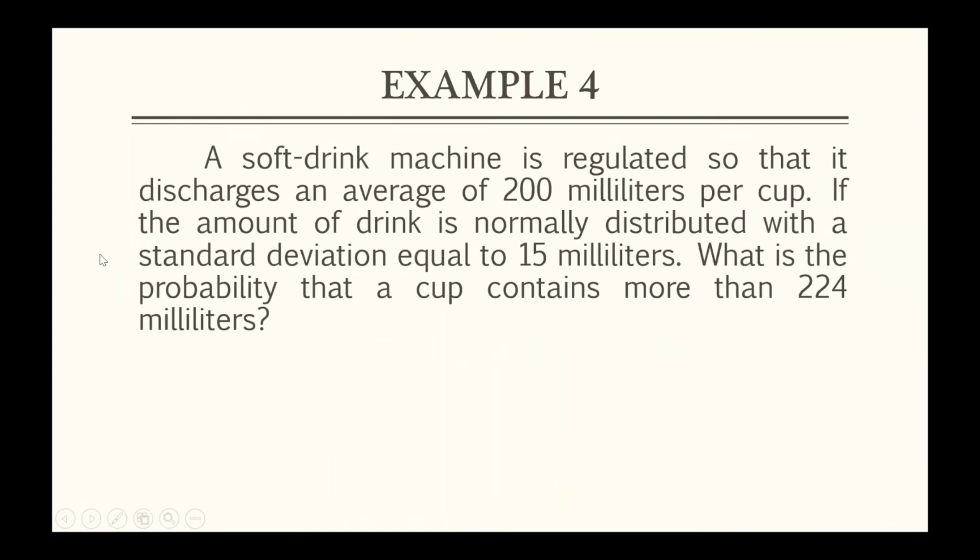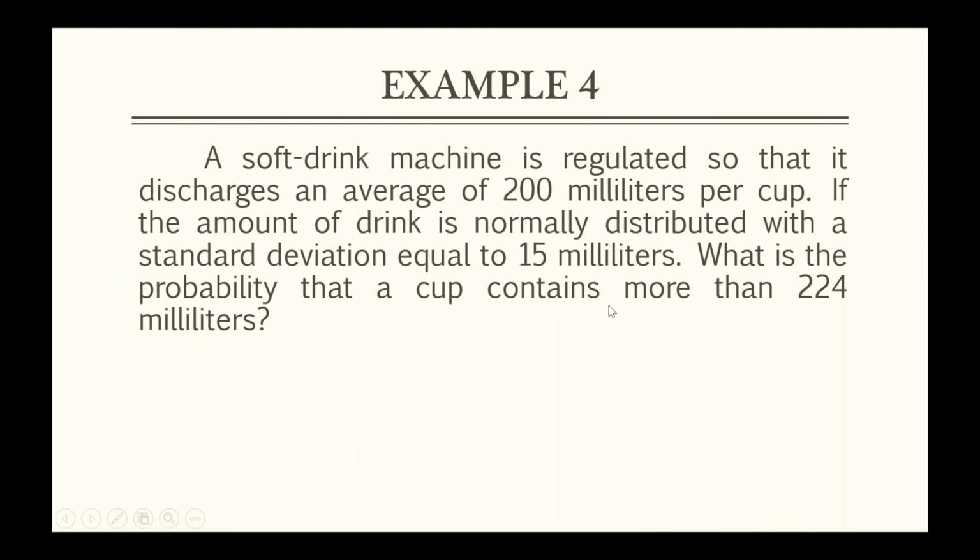Example number 4. Same situation. A soft drink machine is regulated so that it discharges an average of 200 milliliters per cup. If the amount of drink is normally distributed with a standard deviation equal to 15 milliliters, what is the probability that a cup contains more than 224 milliliters?